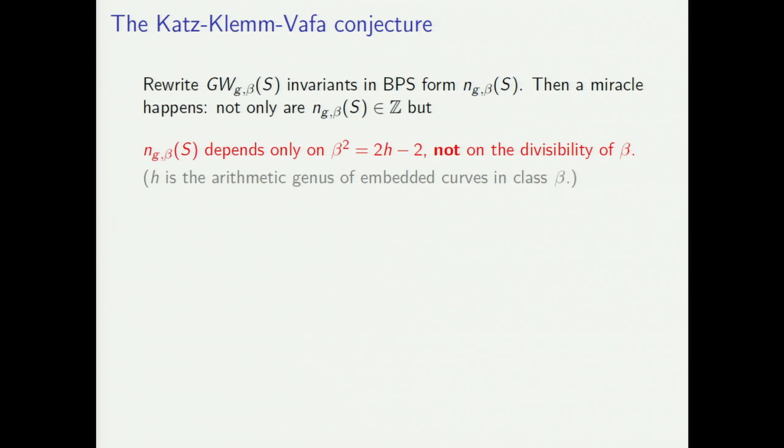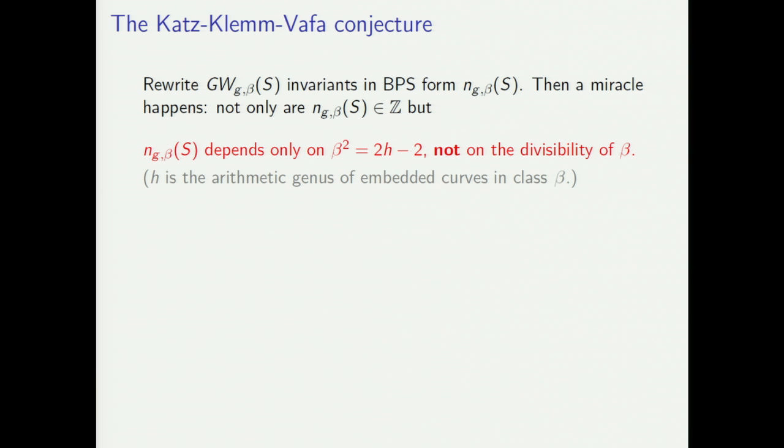And one of the amazing things about these BPS reformulations is that conjecturally, these things aren't just integers, but actually, they don't depend on the divisibility of beta. So this is incredible. So what this says is that whatever these Gopakumar-Vafa invariants calculate, they don't see any multiple curves.